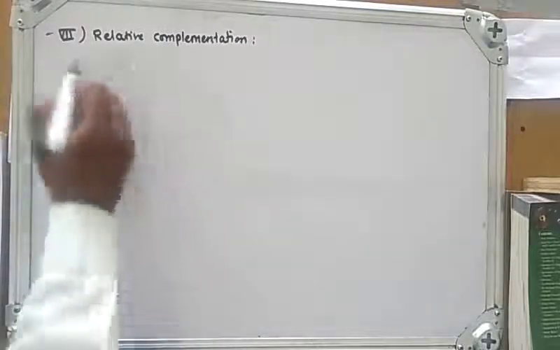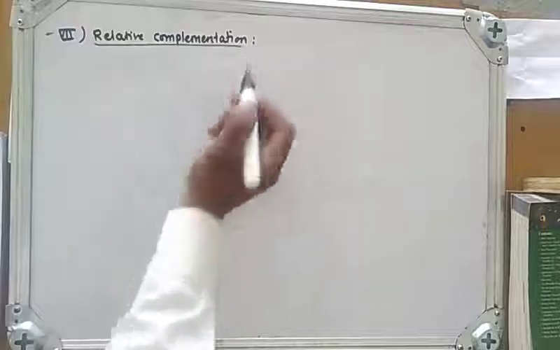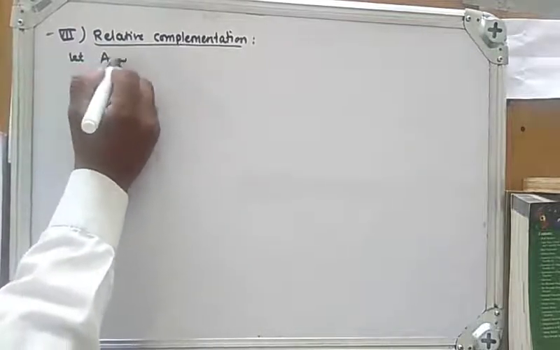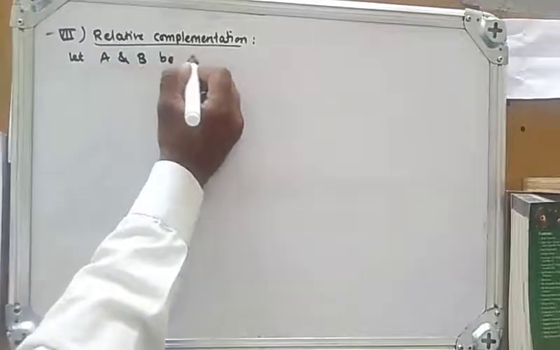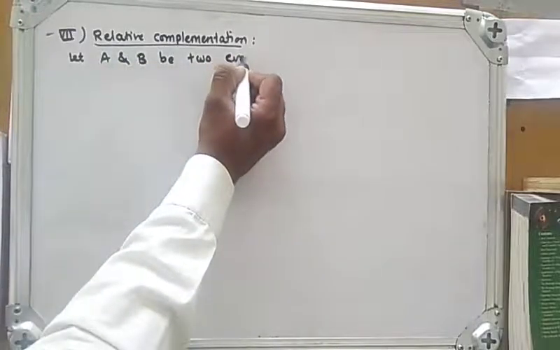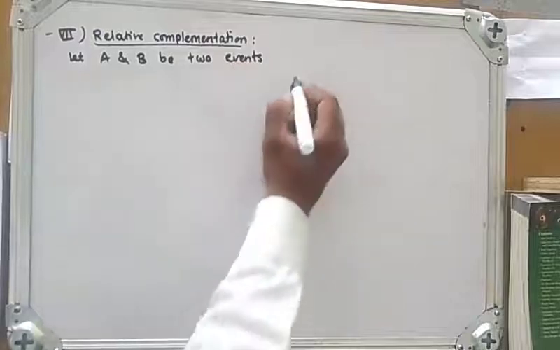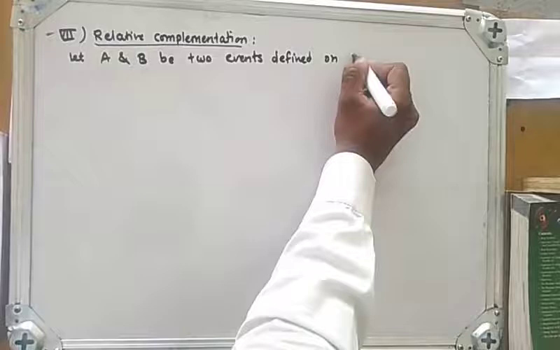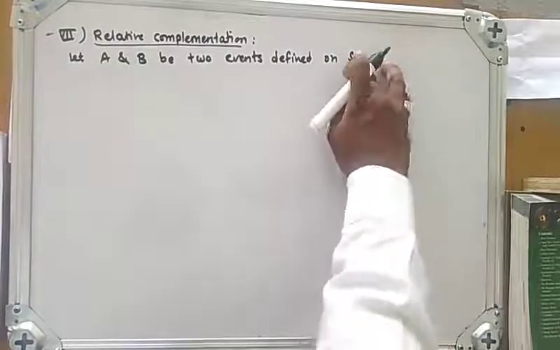In this relative complementation we will take two events. Let A and B be two events defined on the sample space S.